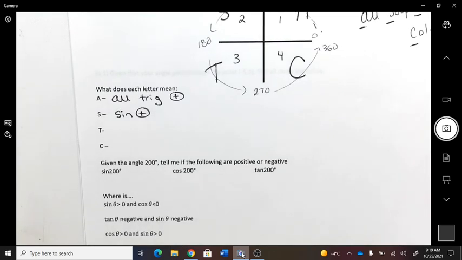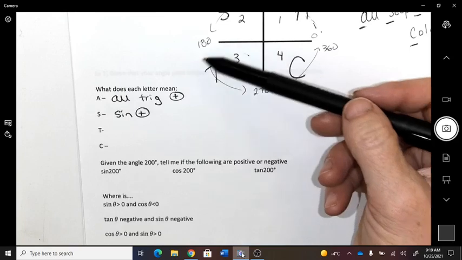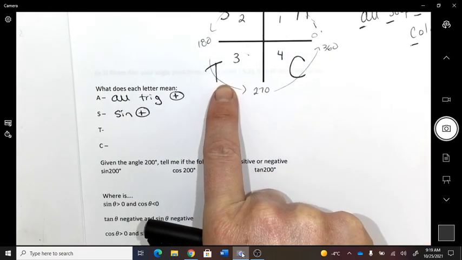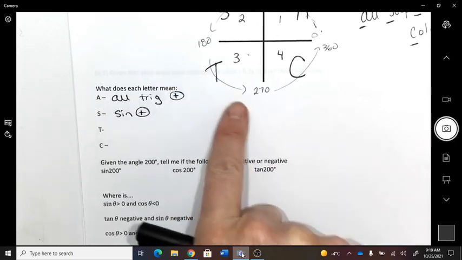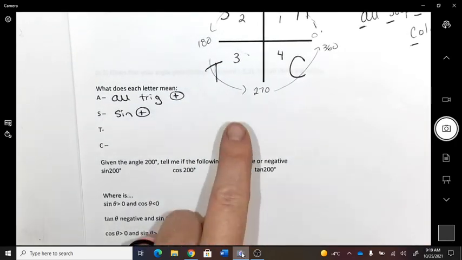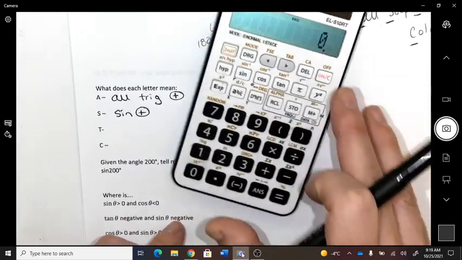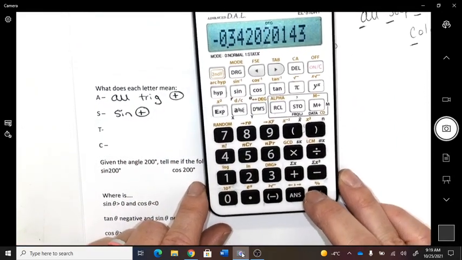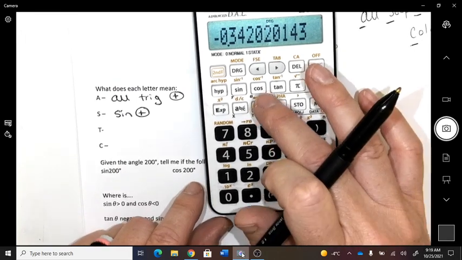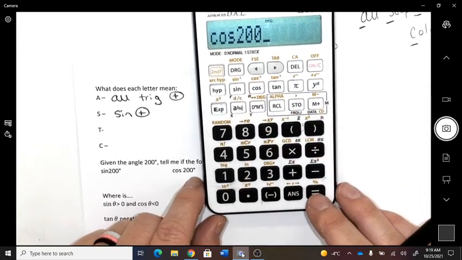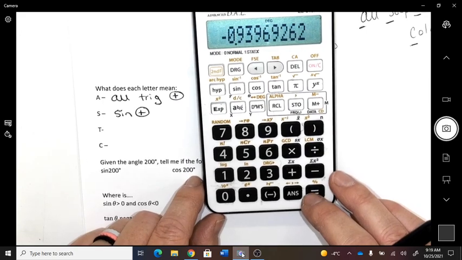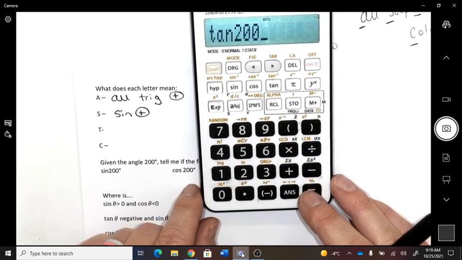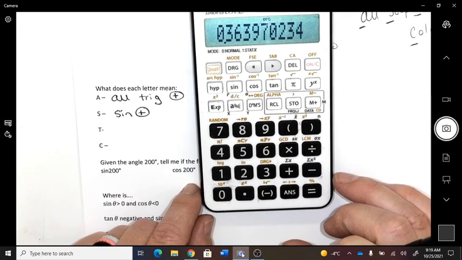Okay, we'll do one more test here. Let's go in quadrant 3. Is it okay to pick 200? Just 200 degrees, right? It's between 180 and 270, so 200. Okay, ready? Sine of 200. Negative. Cos 200. Negative. Tan 200. Positive.